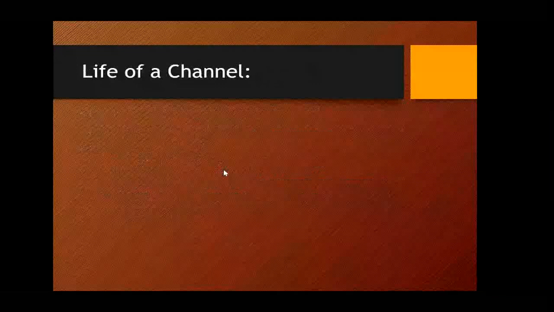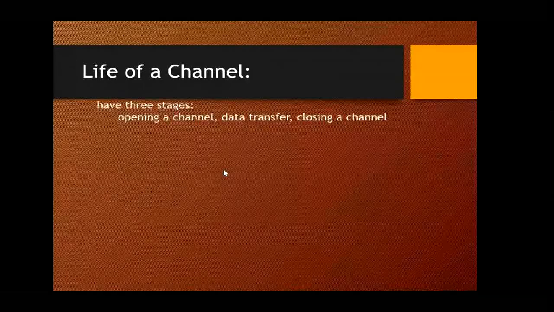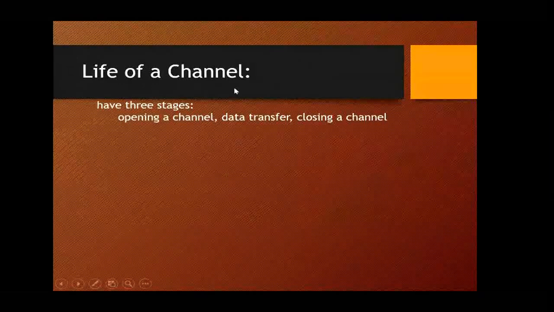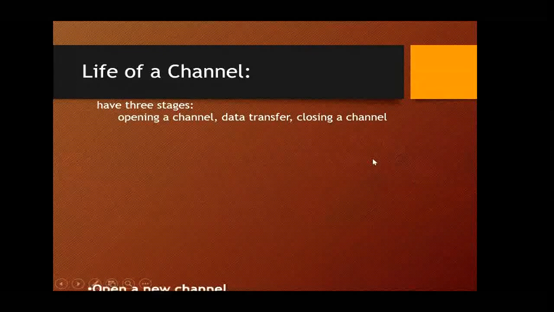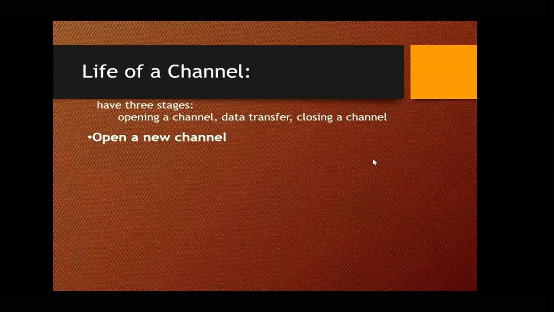Now, let us look into the life of a channel. The life of a channel progresses mainly through 3 stages: opening a channel, data transfer, and closing a channel. Let us see the first stage, that is opening a new channel.